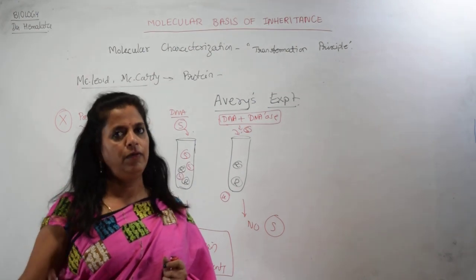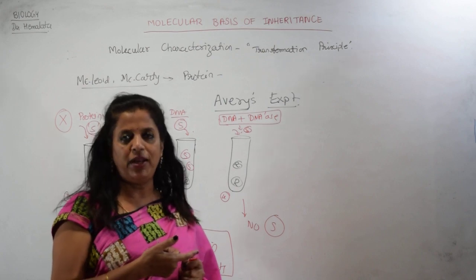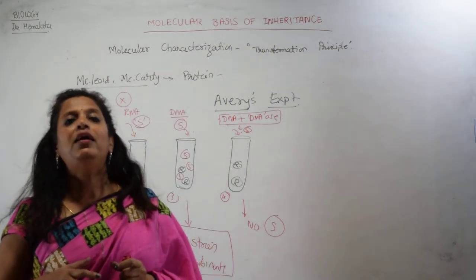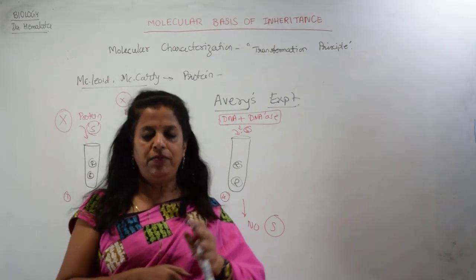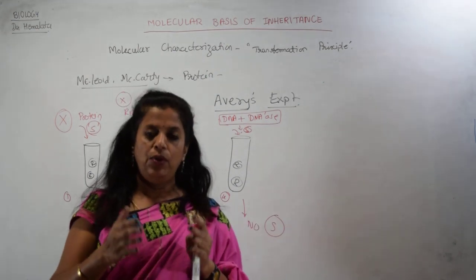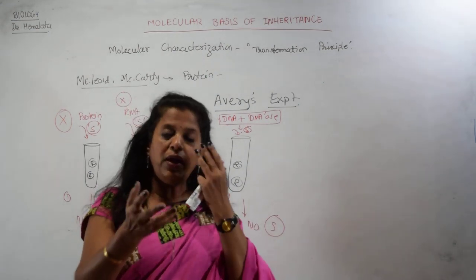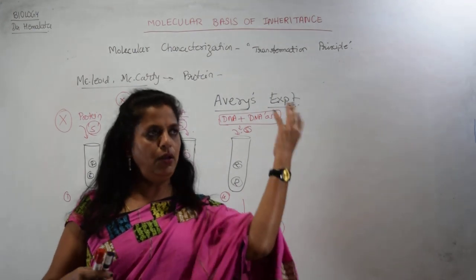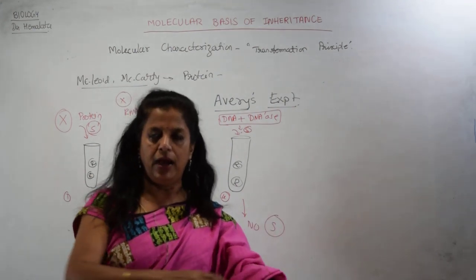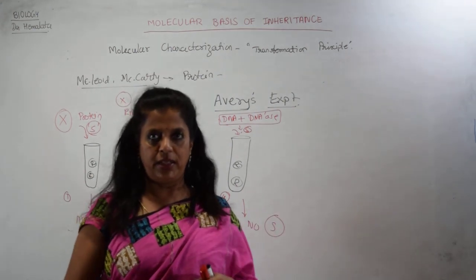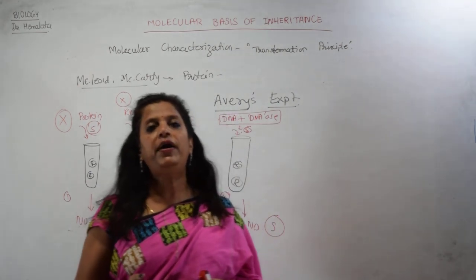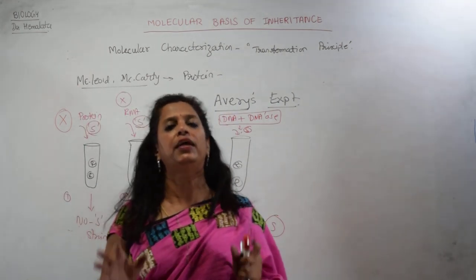Then it showed the new recombinants. But when the S strains were added with all of this, you cannot identify it. If you add the complete bacteria, so many bacterial components are there. How do you identify which one is transferring the character?